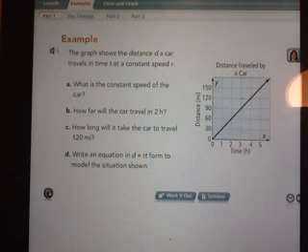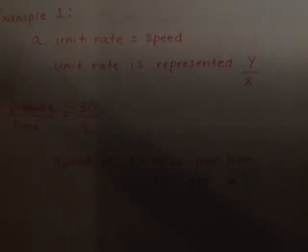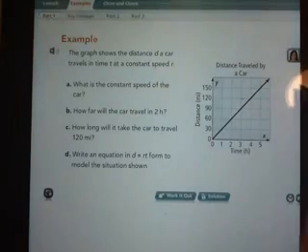So looking at this first example, we have a graph here and it's asking what is the constant speed of the car. Well, I know that speed is the same thing as unit rate, and we represent unit rate as the equation of y over x. If I look at my y-axis on this graph, it's distance, and my x-axis is time.